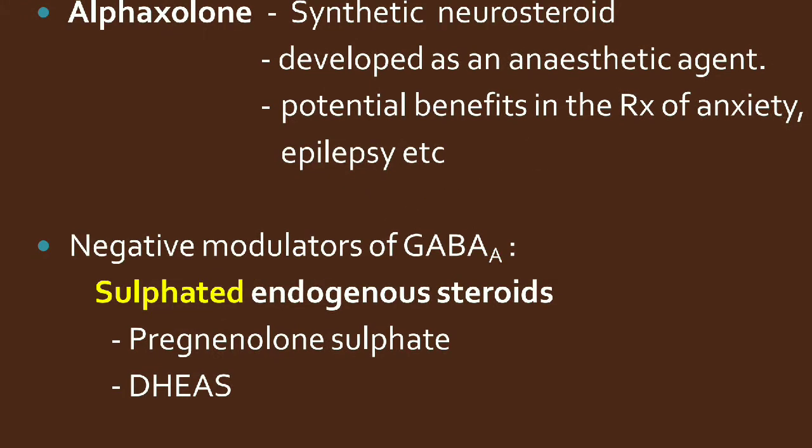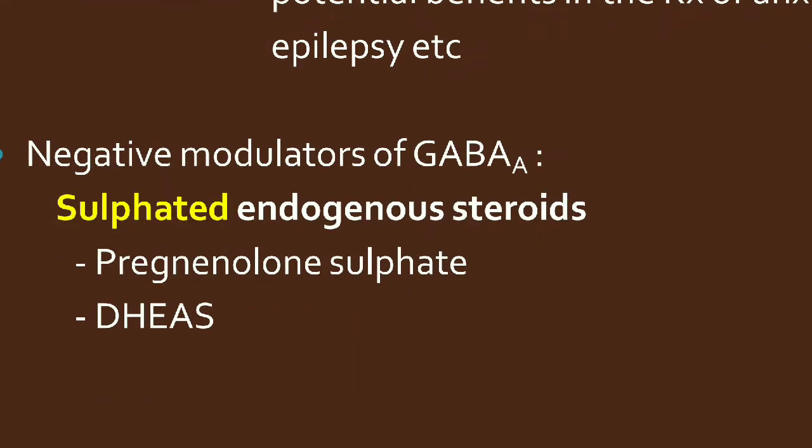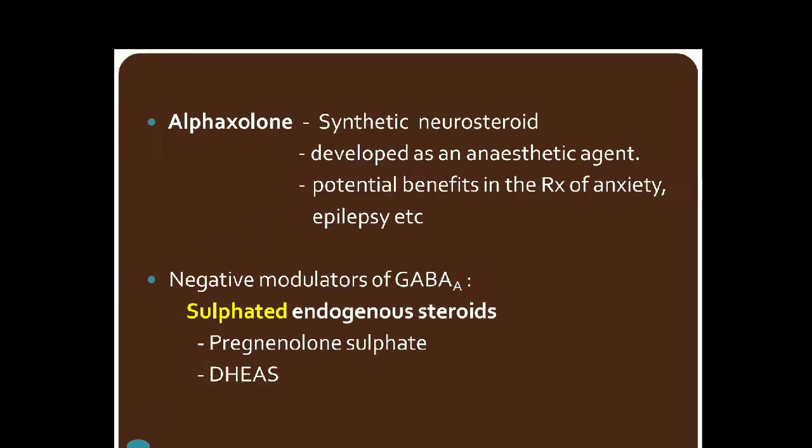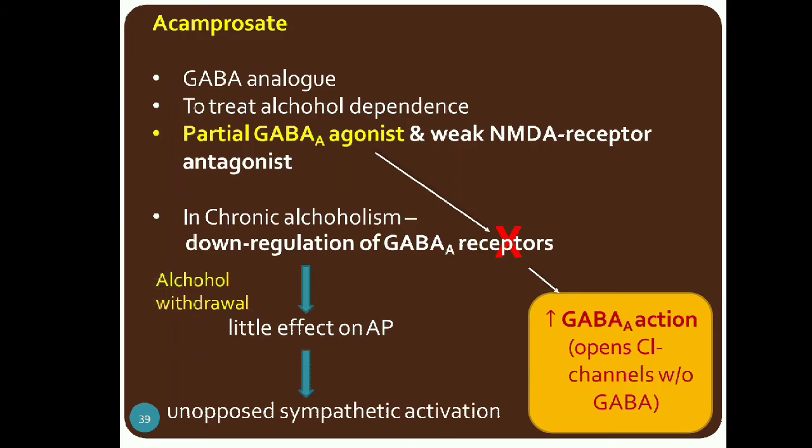Next is the alcohol modulation of the GABA receptor: extrasynaptic, delta subunit-containing GABA receptors, sedative at low concentrations of ethanol. Prolonged ethanol consumption decreases delta subunit expression in the brain. Acamprosate, a GABA analog, is used to treat alcohol dependence; it is a partial GABA agonist and weak NMDA receptor antagonist.